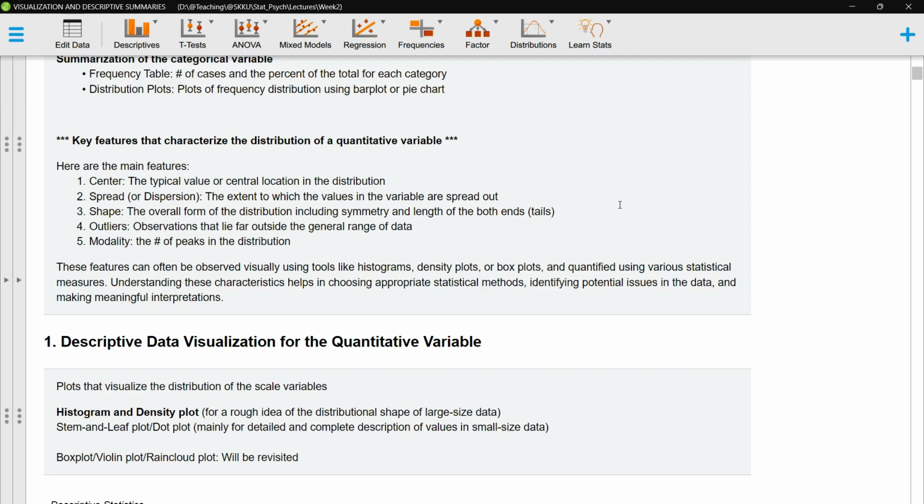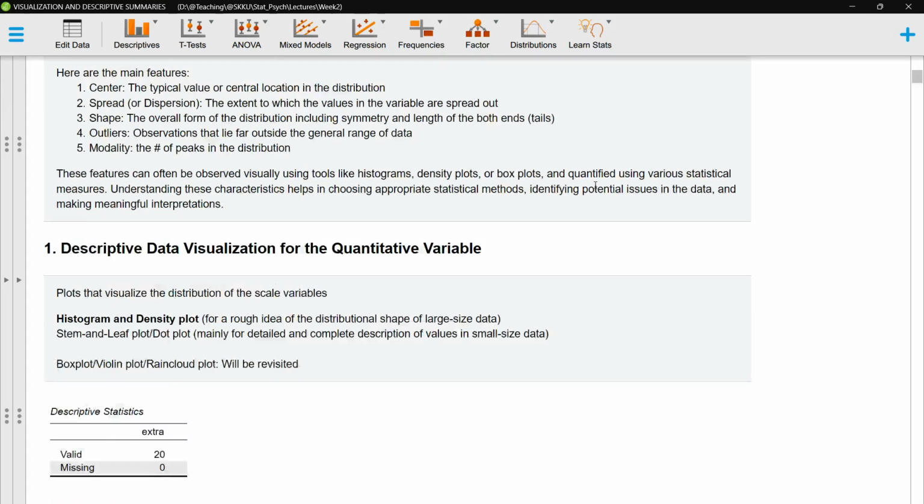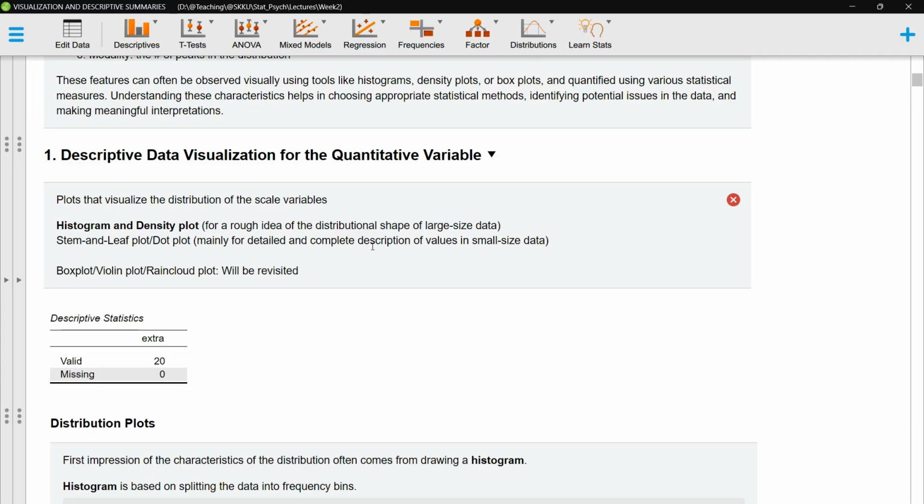And the starting point is the histogram. Actually there are many different plots that describe the distributional characteristics of the quantitative variable.